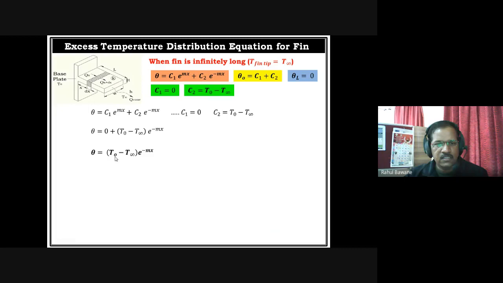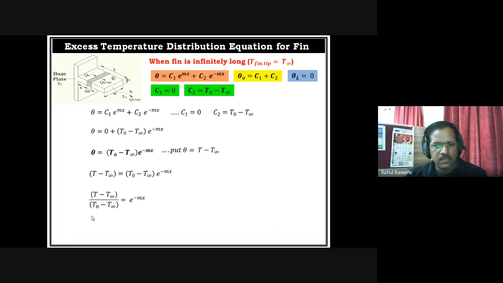Now putting theta equal to T minus T infinity, our equation becomes T minus T infinity is equal to T0 minus T infinity into e raised to the power minus mx.